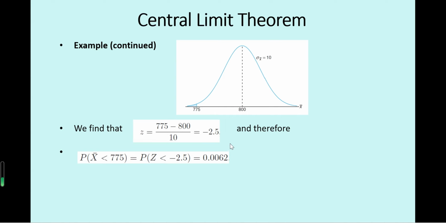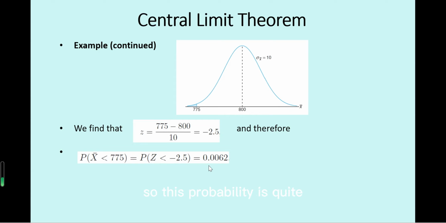From the standard normal probability table for this quantile value, we can find the probability of x bar less than 775 equals the probability of Z less than minus 2.5, which is 0.0062.